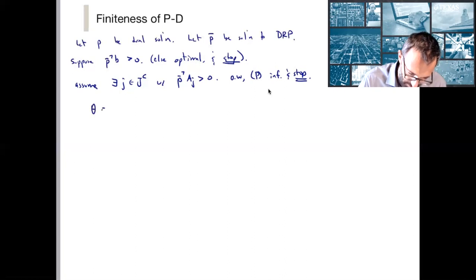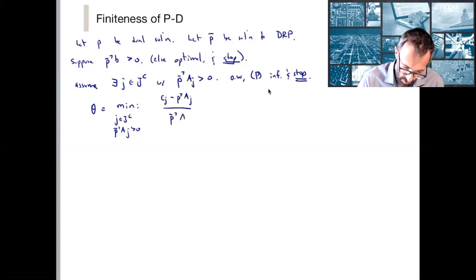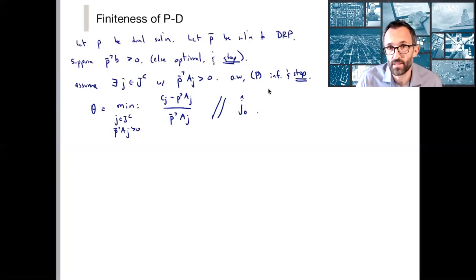So theta is now equal to the minimum, which is non-empty by the above assumption, over J in J complement with P bar transpose AJ greater than 0 of (CJ minus P transpose AJ) over (P bar transpose AJ). And let's call the winner of this j hat 0. So j0 is the argmin of this minimization. And what does our choice of theta guarantee?